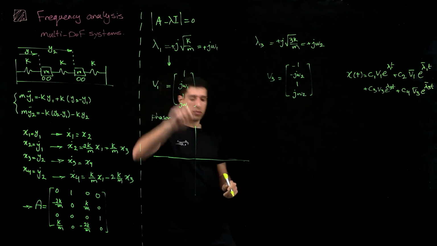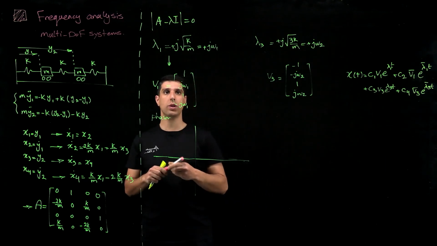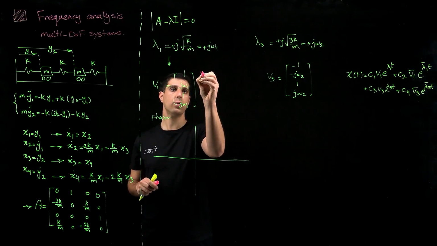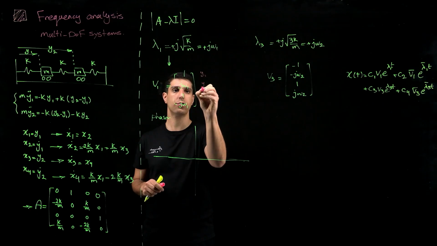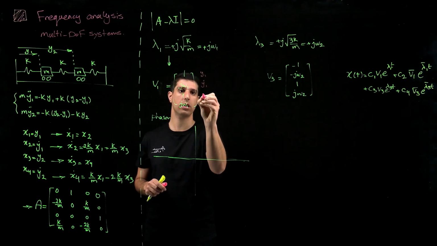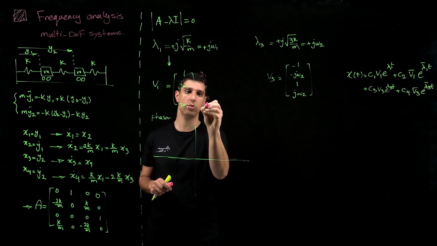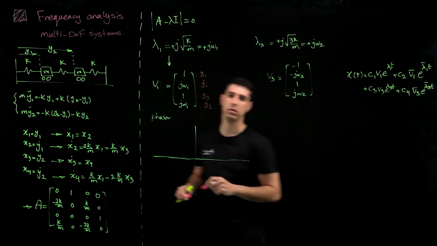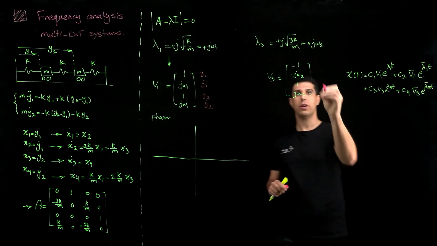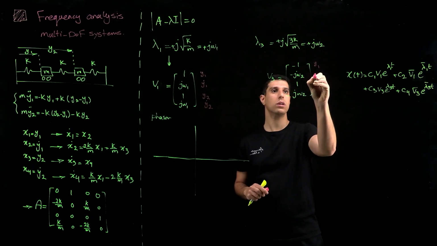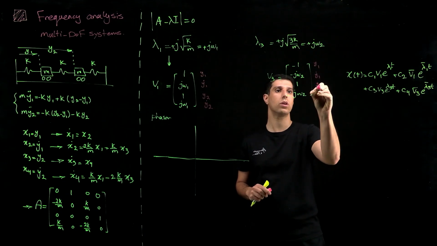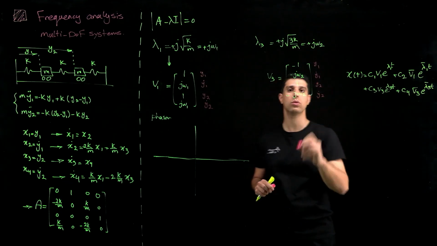Again, remember what they represent. This one is for position y1. This one was velocity y1. This one was position y2 and velocity y2. Same for here: the first one y1, y dot 1, y2, y dot 2.